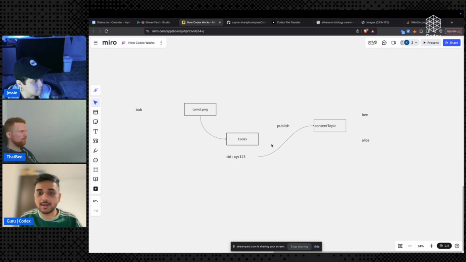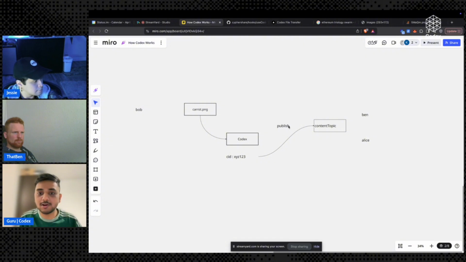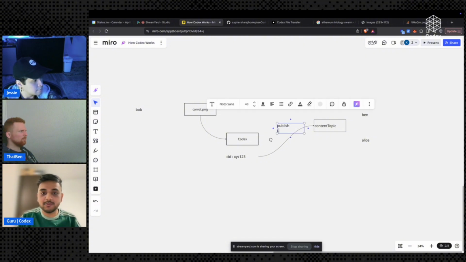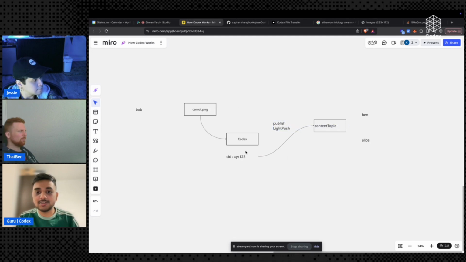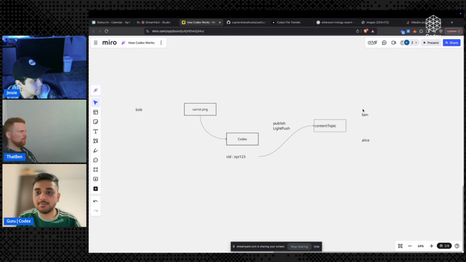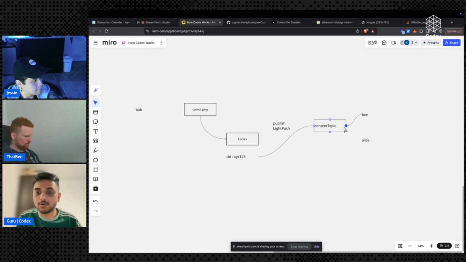So looking at the protocols for publishing the message into the content topic, we use something called light push, which is basically a way to publish messages from a light client into the content topic. And there can be multiple listeners who listen to the content topic. We can use filter or store.